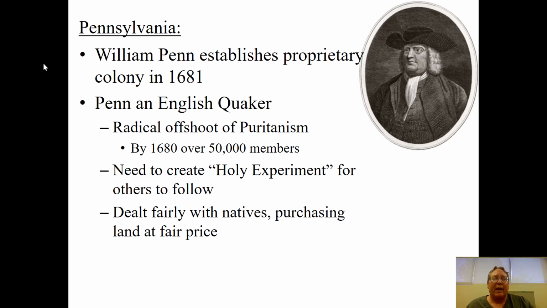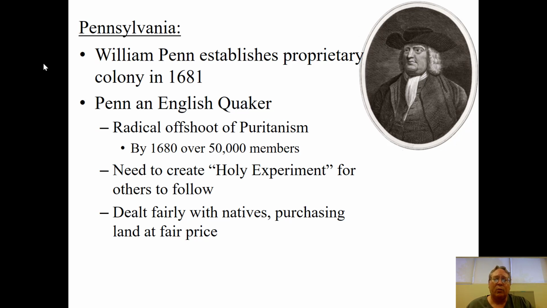But they also understand that getting rid of those things makes the king angry. So William Penn would like to create a place where his people can go, live freely, practice their form of Protestantism the way they want to, without any oversight or rubbing anybody the wrong way. Quakers are very much about kind of peaceful coexistence. That is kind of at the core of their brand of Protestantism.